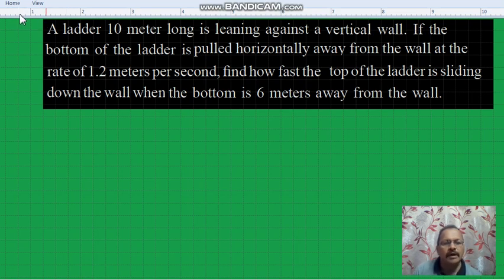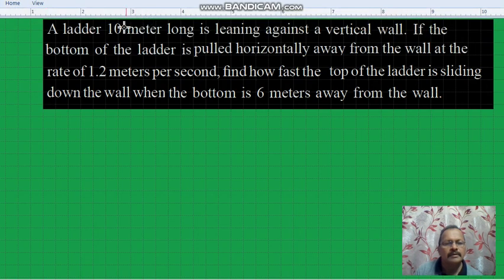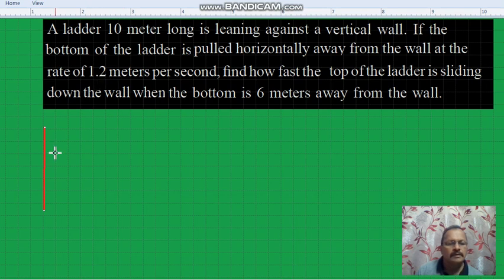I will draw a diagram over here. Suppose this is the wall, and this is horizontal. A ladder is leaning like this.